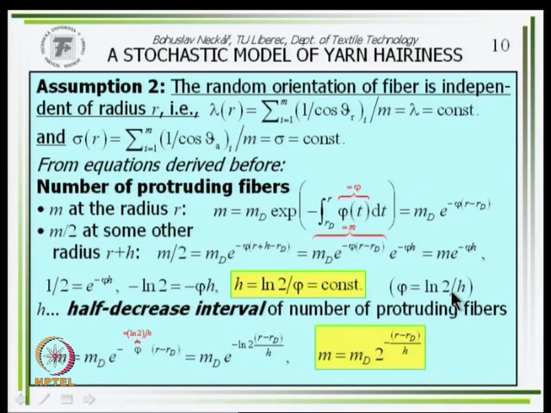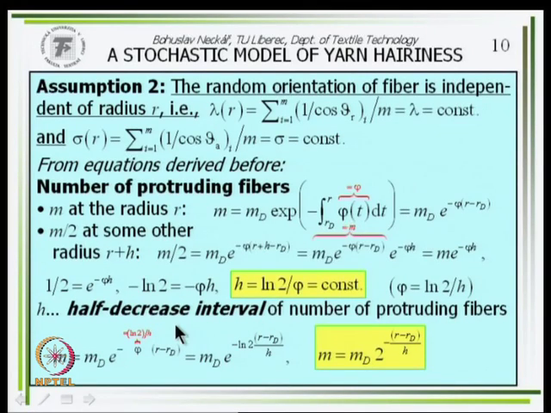So what is the sense of h? Every time I increase the radius by h, to radius plus h, I obtain a new, bigger cylinder where the number of protruding fibers is 1/2. Therefore, we can call this quantity h the half decrease interval of the number of protruding fibers.